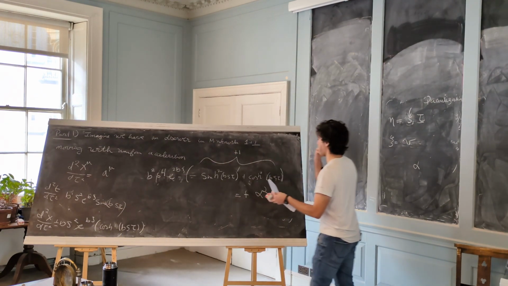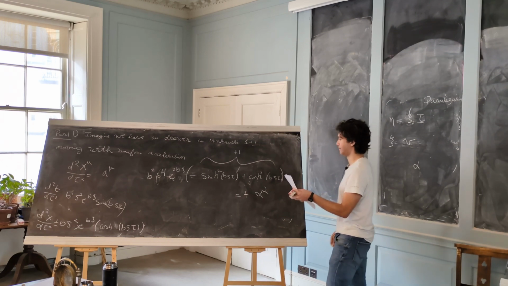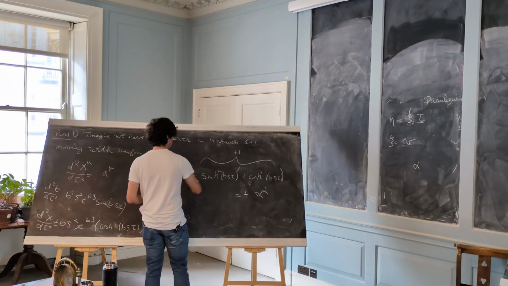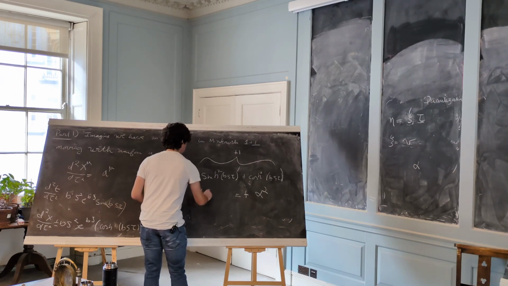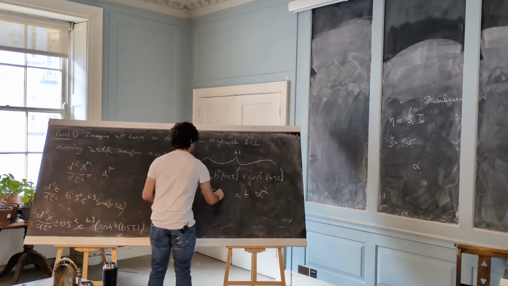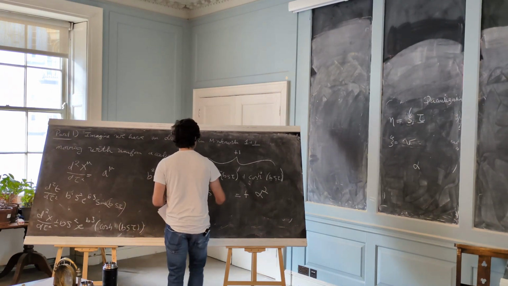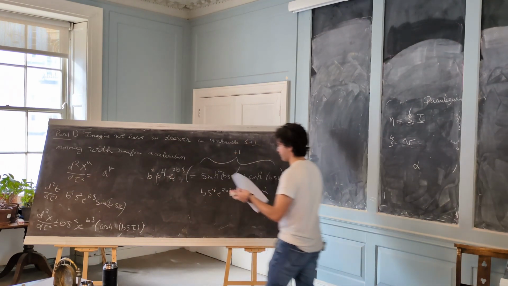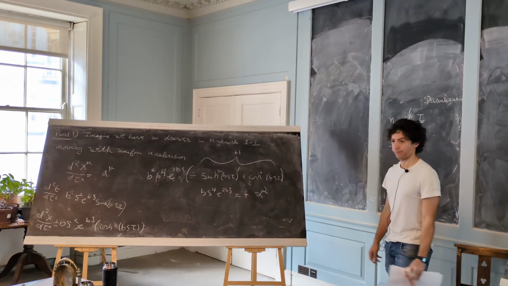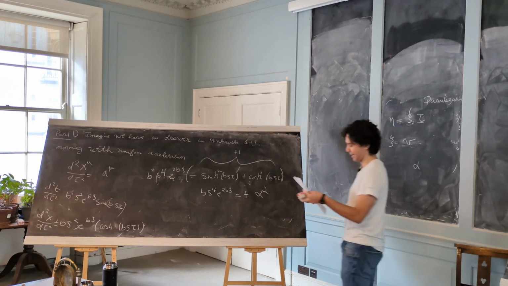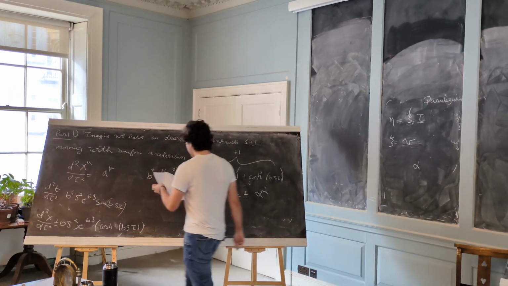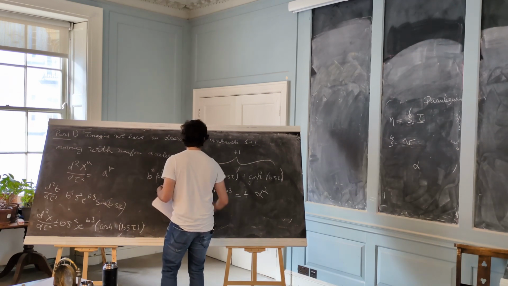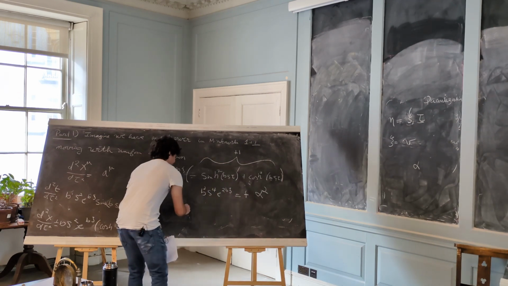Okay, very good. So now what do we need? So we have that b squared s to the 4th e to the 2bc is equal to alpha squared, right? So we can solve this for s.